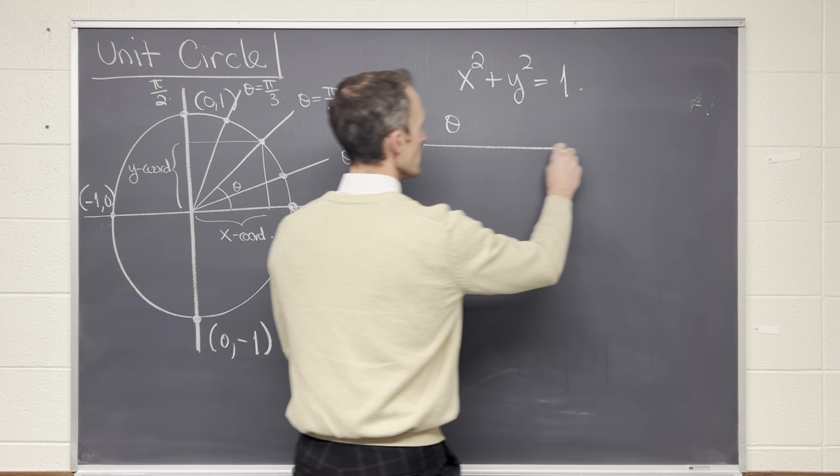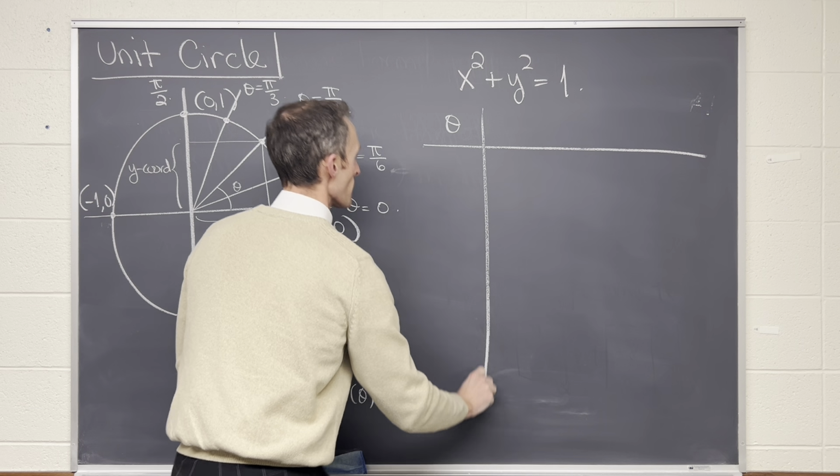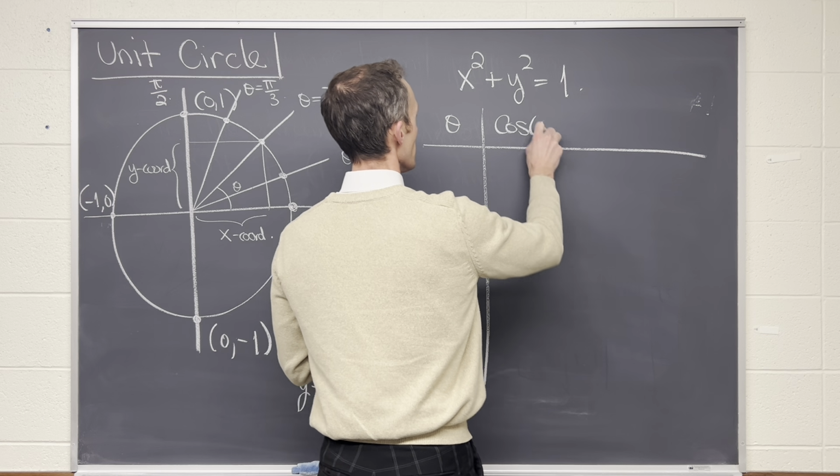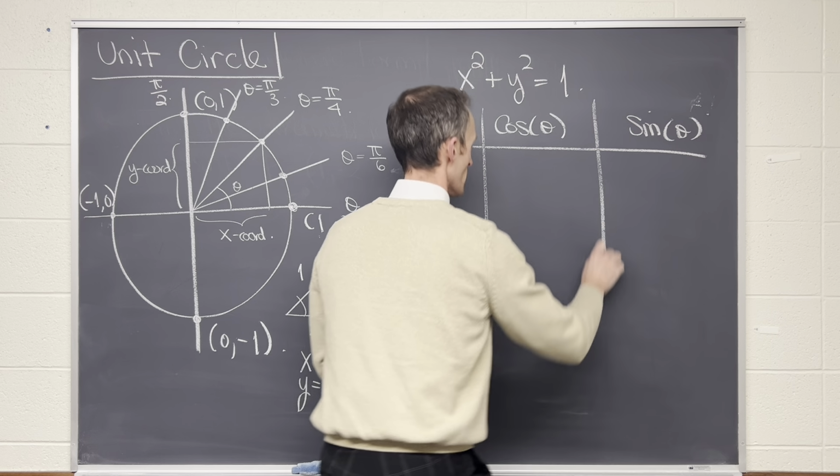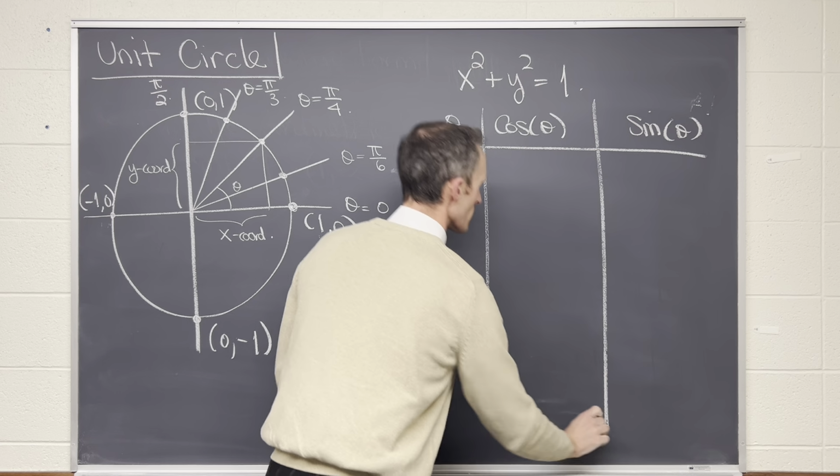Here's theta, here's cosine of theta, and here's sine of theta. If theta is equal to 0, then cosine being the x-coordinate tells me cosine of 0 is equal to 1, and therefore the sine of 0 is equal to 0. That's the y-coordinate.